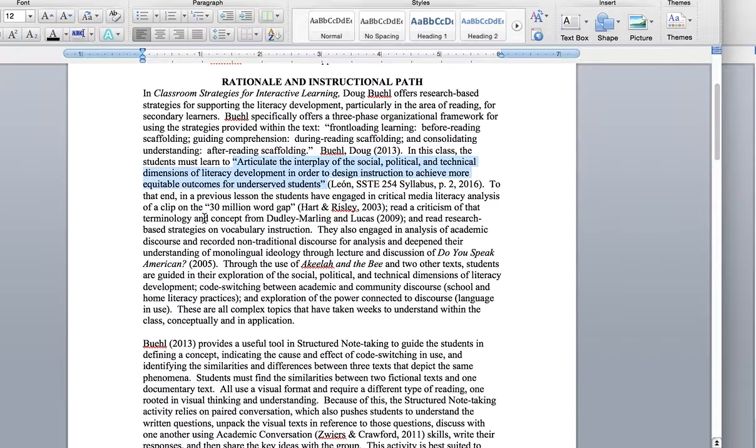We read research-based strategies on vocabulary instruction, talked about other things that we've engaged in, such as an analysis of academic discourse, recording non-traditional discourse, all the things that we've done to prepare for a reading of Do You Speak American, Aquila and the Bee, and in this handout that I'll be discussing, or could have been given to you, is also Key and Peele, the phone call, which has a great example of code switching.